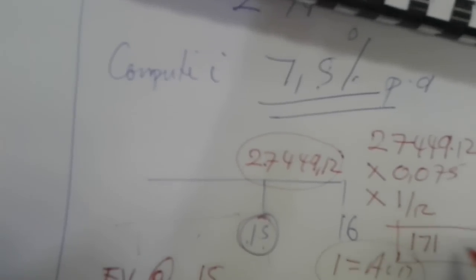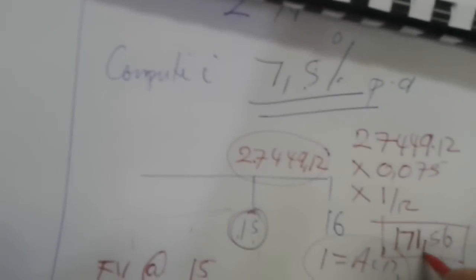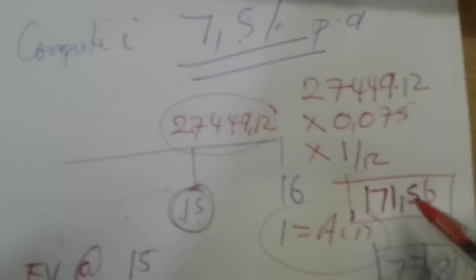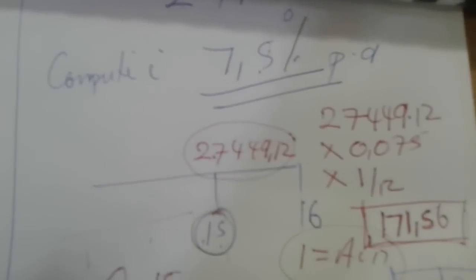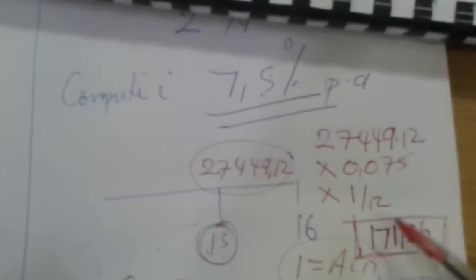So that was correct. My apology for this confusion. I mixed up my numbers. So your interest is 171.56.